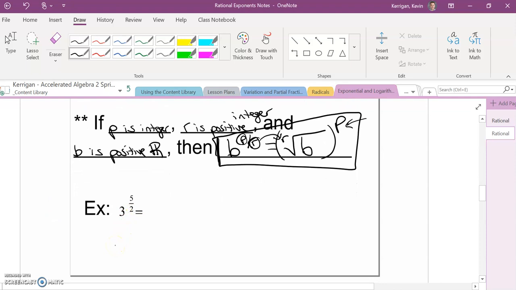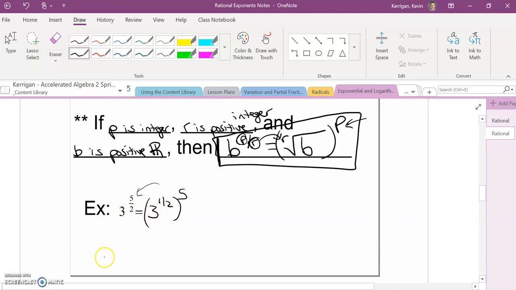If I were to simplify this, 5 halves is 1/2 times 5. So what I just did is I broke this apart. If I had 3 to the 1/2 raised to the 5th, if I multiply those exponents, that would give me 5 halves here. So this is equivalent.